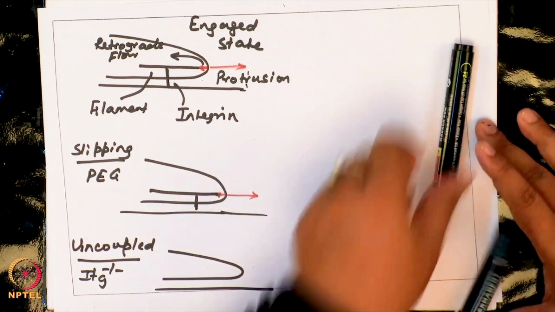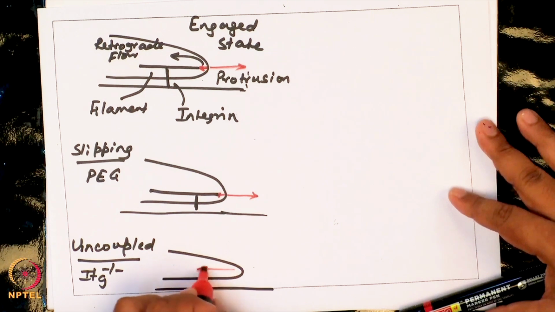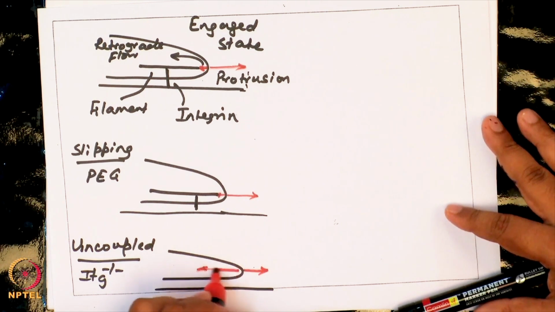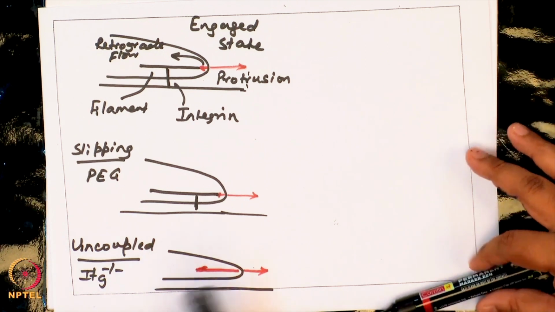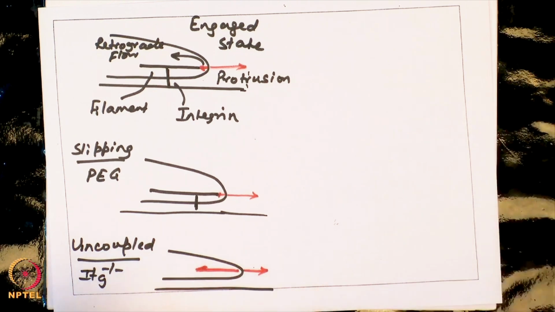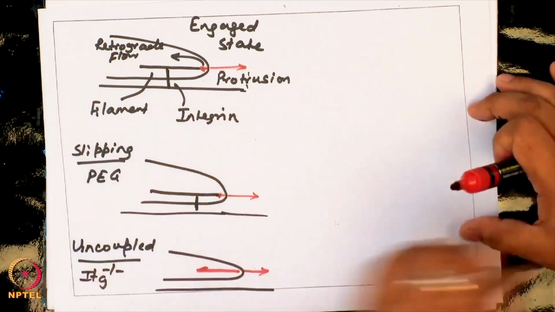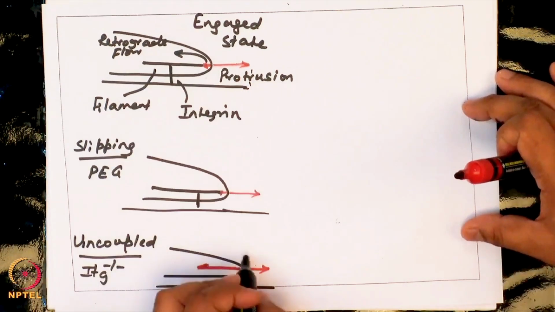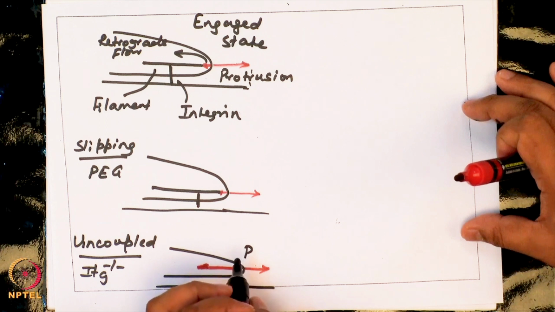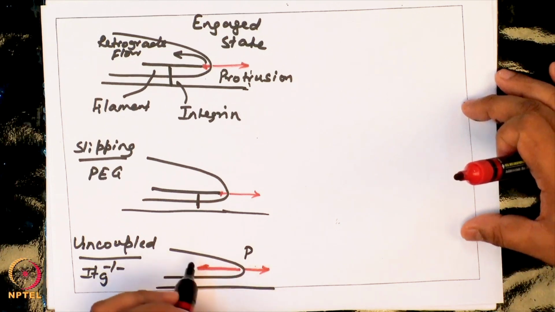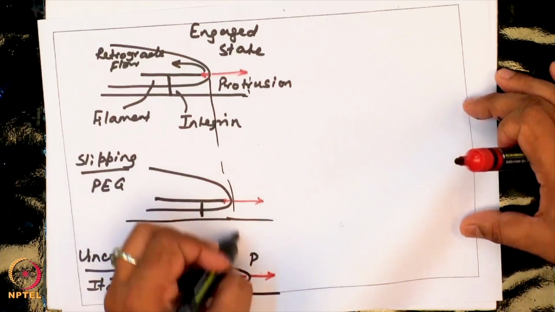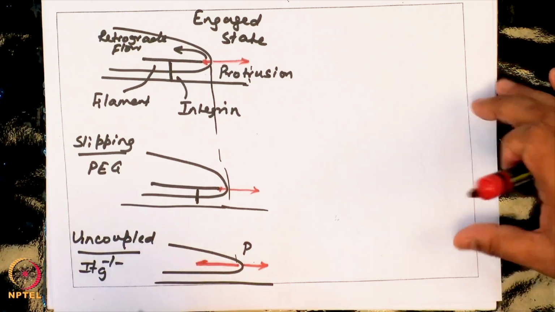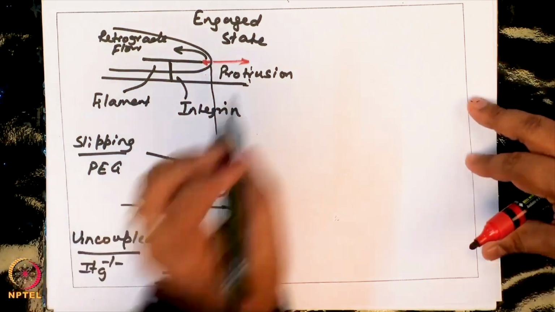In this case, what the cell does is it increases retrograde flow, while its protrusion rate is always maintained constant. Actually these lengths should be the same. The magnitude of the retrograde flow is extended.